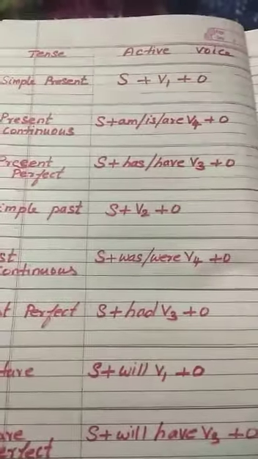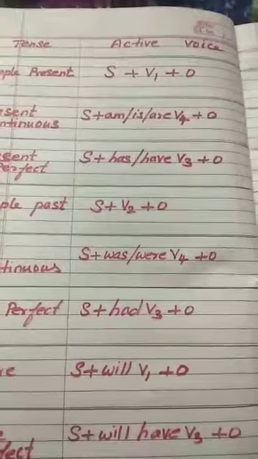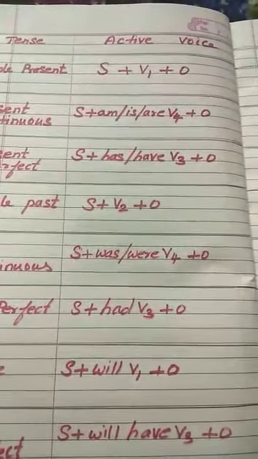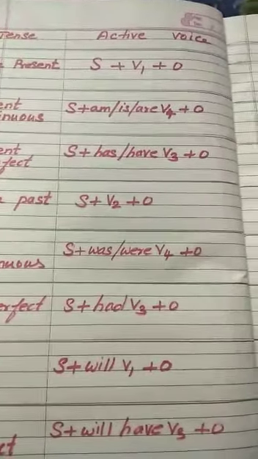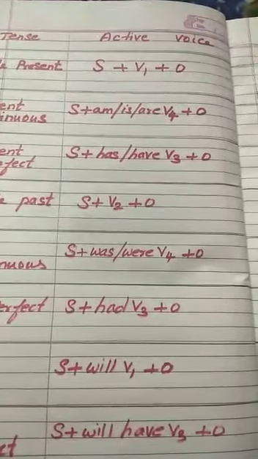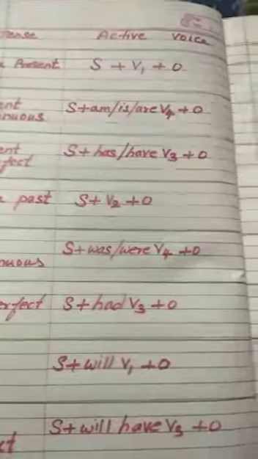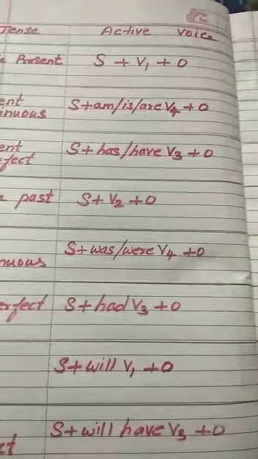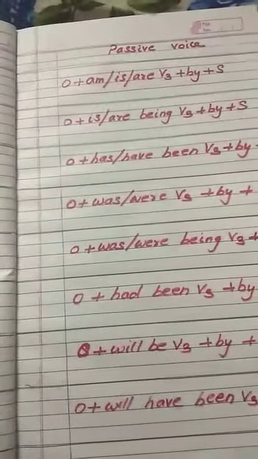Now next, present perfect. That is subject, has or have and then V3 and then object. So has or have, we know it's a perfect tense. Has or have is the present perfect. And along with that, it will be the third form of the verb. So when it is converted into passive voice, it is very easy for us.